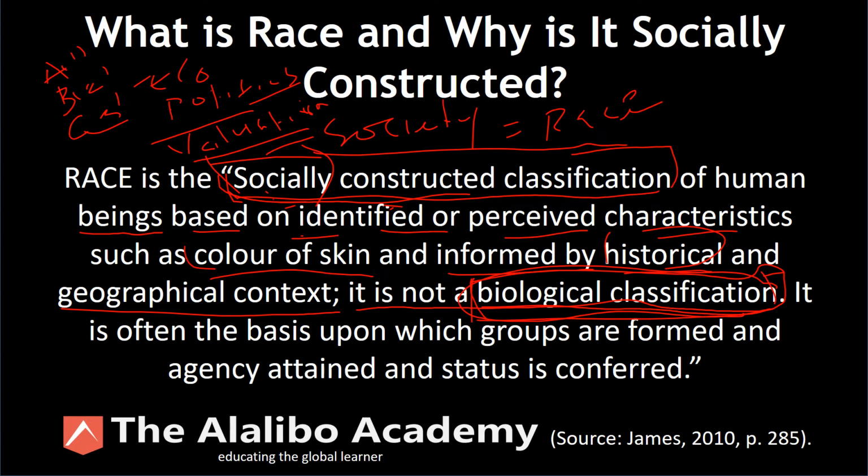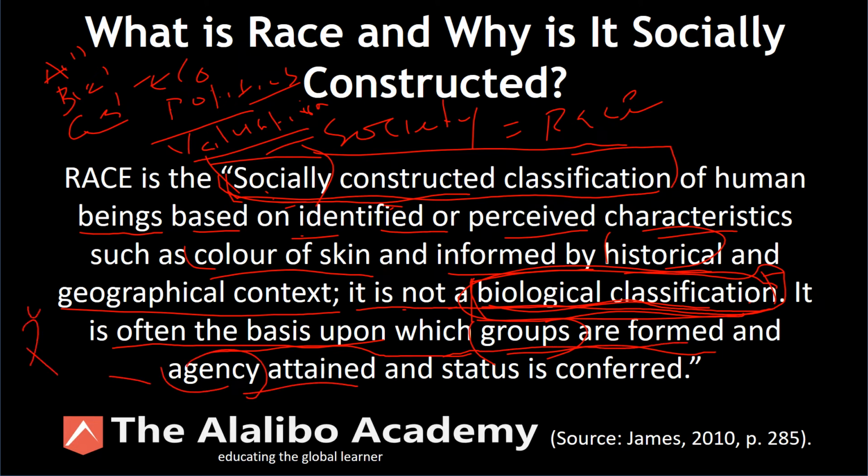Okay, so it says it's not a biological classification. It is often the basis upon which groups are formed. So we form groups in society based on race. We come together as races to fight a common cause, perhaps. It's become the basis upon which groups are formed, and then agency is attained.